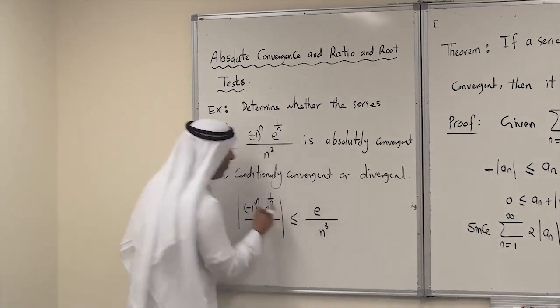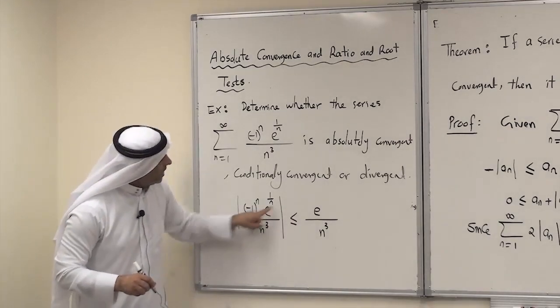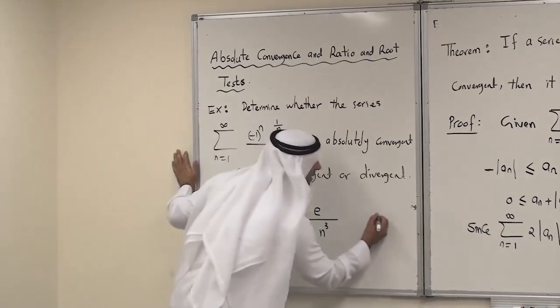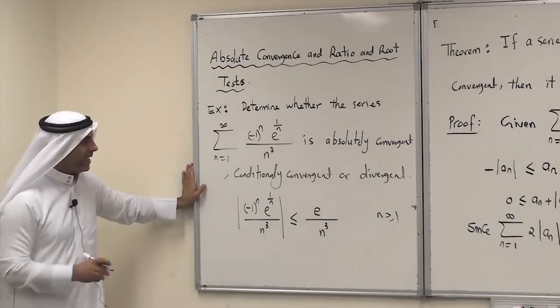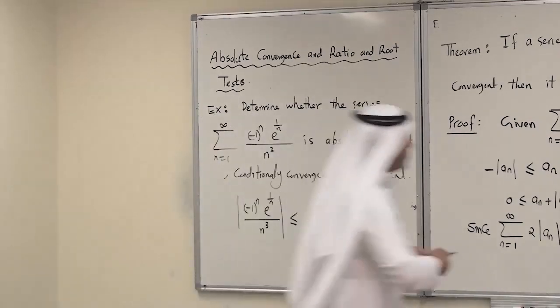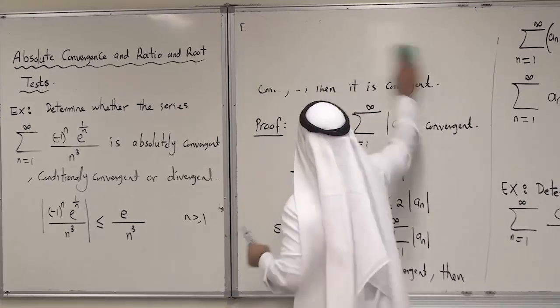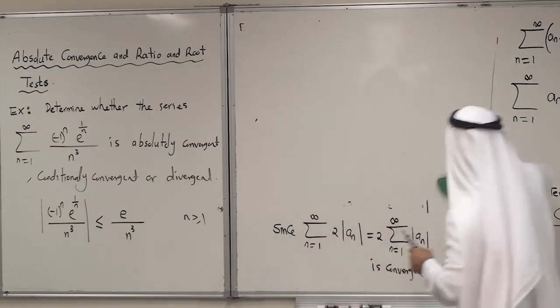Why is this the case? Why is e to the power 1 over n less than or equal to e all the time for n greater than or equal to 1? I will show you this. Before I move to find the solution of the series, let us say some words about the inequality here. Why this is true.